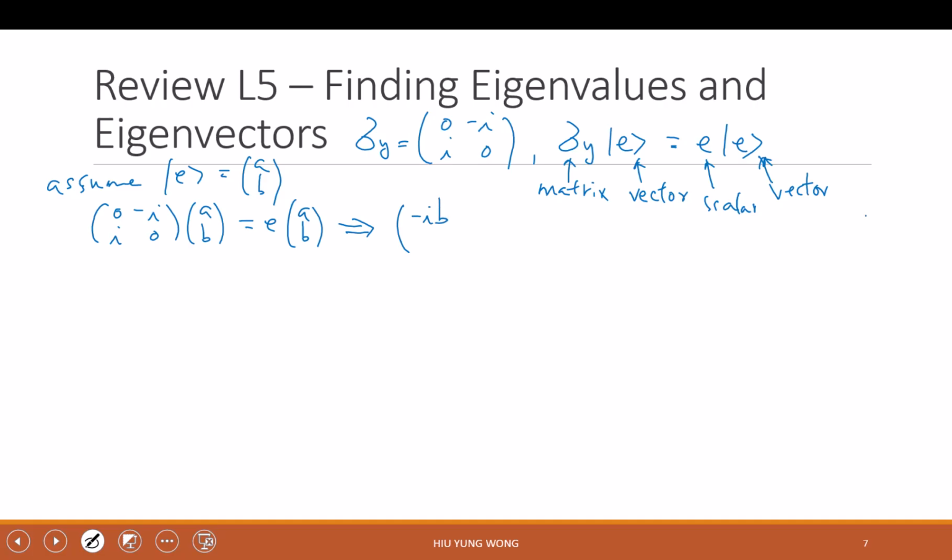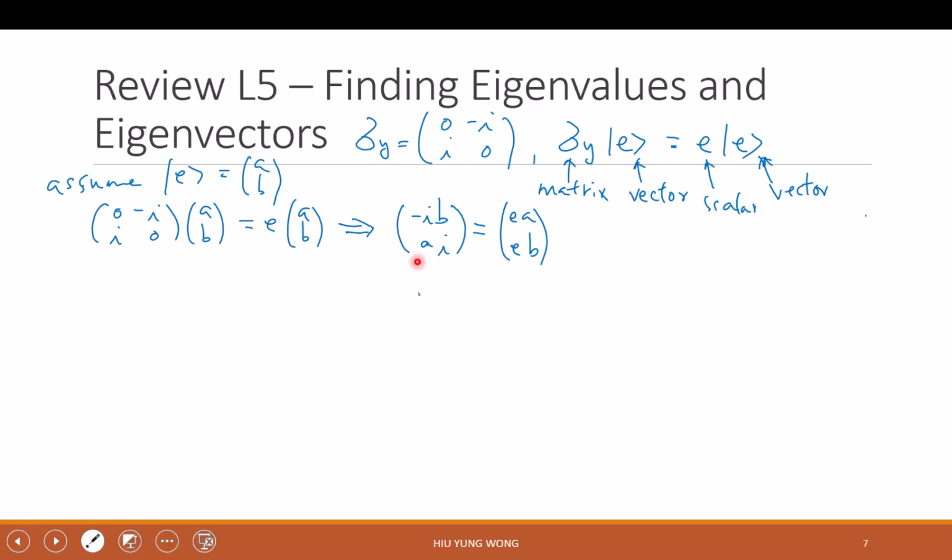For the bottom one, we repeat the same thing. i times A plus 0 times B. If you're not familiar with this, please really practice it. Equal to iA. On the right, what do I get? EA, because that is just a scalar. When you multiply a scalar to a vector, all the coefficients get scaled at the same time, right? How about the bottom? EB.